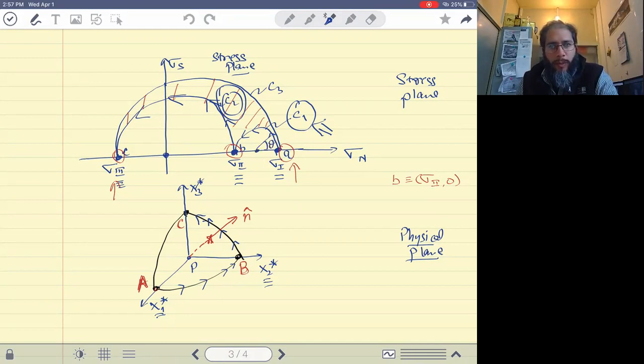But in the physical plane, my movement of the normal only happened 90 degrees.